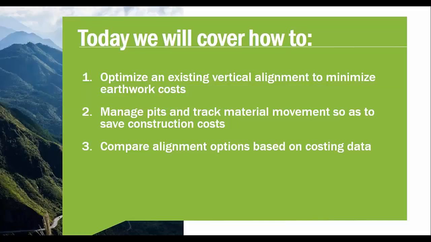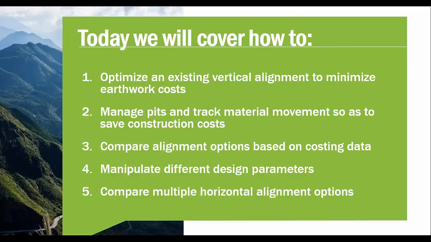He's also going to demonstrate how Optimal is really not a black box. You're not just putting in magical numbers and it pops out something. It's really a powerful engineering tool that you can use to manipulate different design parameters, understand the cost implications from those changes, as well as allowing you to compare multiple horizontal alignment options.